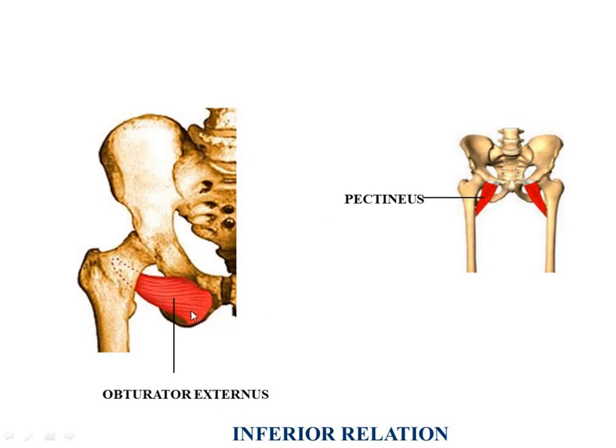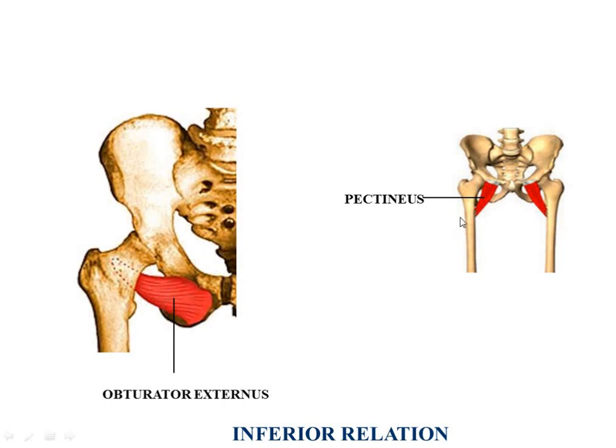The inferior relation is formed by two muscles, the pectineus. Pectineus was forming the anterior relation as well as the inferior relation, because pectineus is present at the floor of the femoral triangle. Then this goes from the pecten pubis, goes down and attaches onto the pectineal line on the femur. So this is coming in the inferior relation as well.